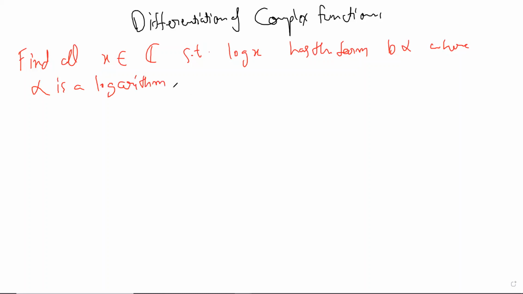This will maybe force you to think about logarithms in a very fundamental way, because usually for logarithms we just apply all the identities. Alpha is a logarithm of a in complex, b is also in C. So of course, there will be multiple x. Let's just see what you people understand from this question, because I have not defined logarithms, and maybe not all of you know complex logarithms. But anyways, let's see.